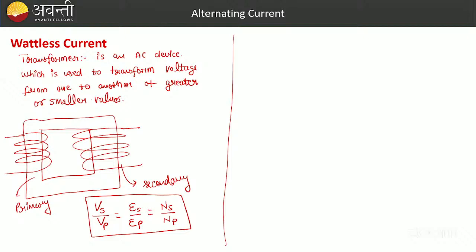Now, this relation can further be extended as IP upon IS is equal to VS upon VP, which equals NS upon NP.